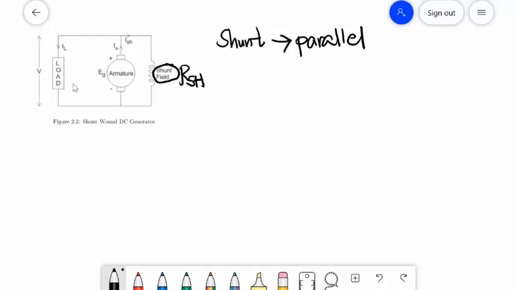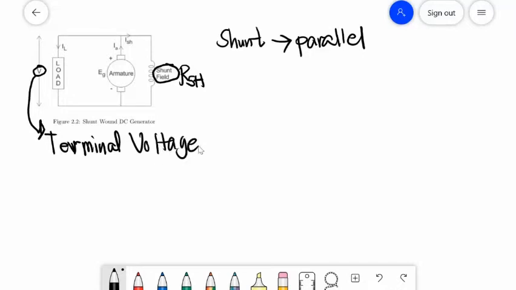This load may be light bulbs or electric fans, any electrical equipment that is connected to the generator. And this voltage here is what we call the terminal voltage, or VT.